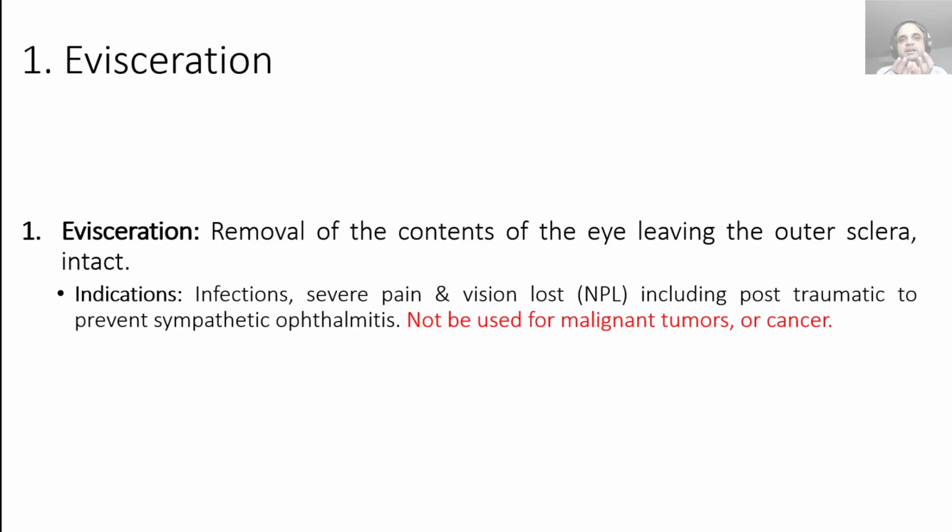And this is usually indicated in an eye that is blind and painful from trauma, to prevent sympathetic ophthalmitis or sympathetic uveitis, as I've just talked about. It is not used for malignant conditions or cancers, which can spread when you open an eye like this. And in case you're wondering, sympathetic ophthalmitis and uveitis are the same thing. I've been using these terms interchangeably, if you've been paying attention.